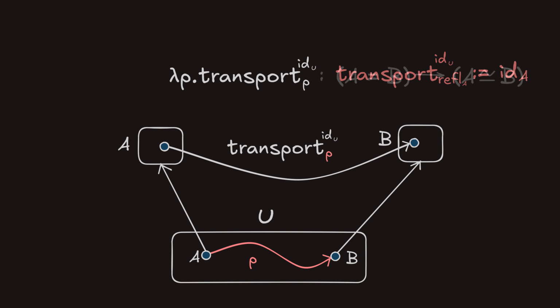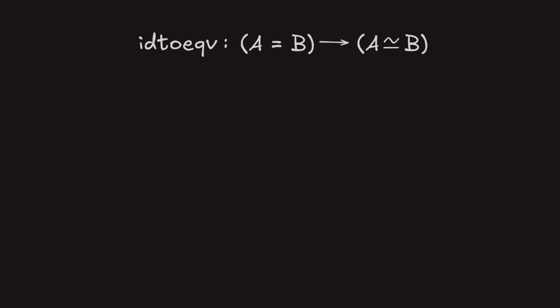We'll call this function that turns paths into equivalences idtoeqv. Finally, the Univalence Axiom says that given this function idtoeqv that maps paths to equivalences, there exists a function UA that maps equivalences to paths.